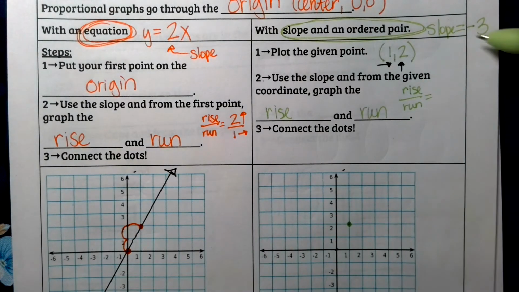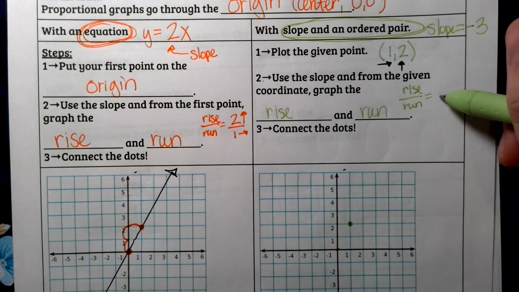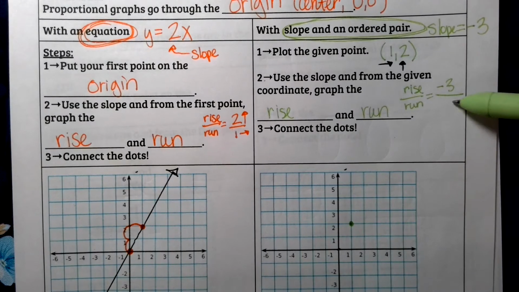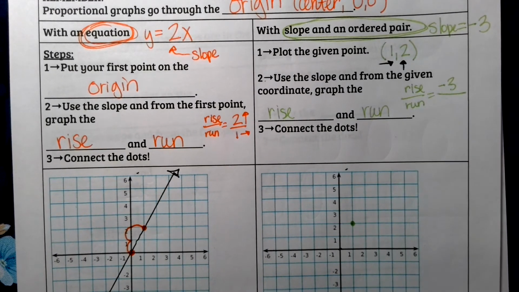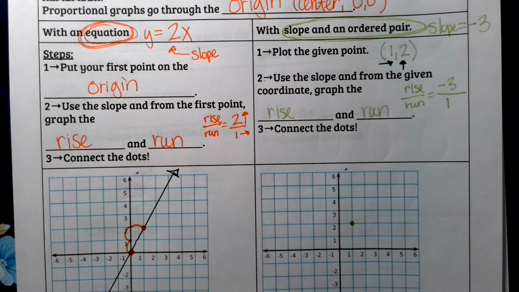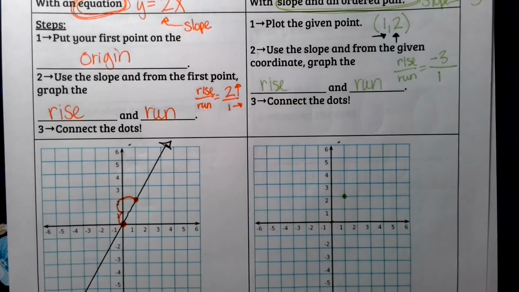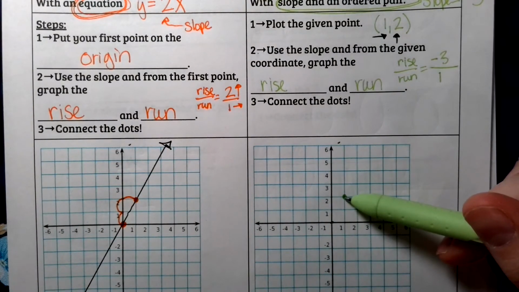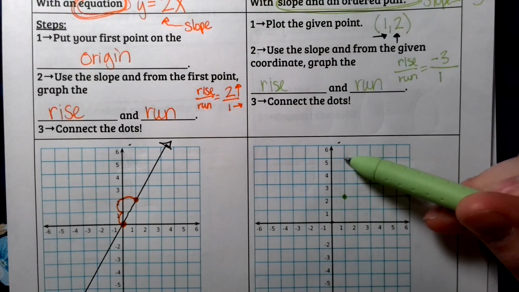Here, our slope is -3. So my rise, I put -3. And what do I put it over to make it a fraction? Put it over 1 if it's not a fraction already. So now our rise is -3. If it's negative, do you think we're going to go up 3?